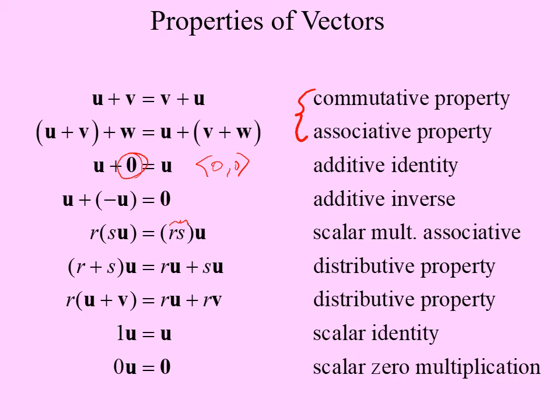Now in the last two, notice the number and the vector. You're multiplying the vector u by a 1, which means you just come out with the vector u. You're multiplying the vector by the number 0, and you come out with the zero vector, not the number 0.